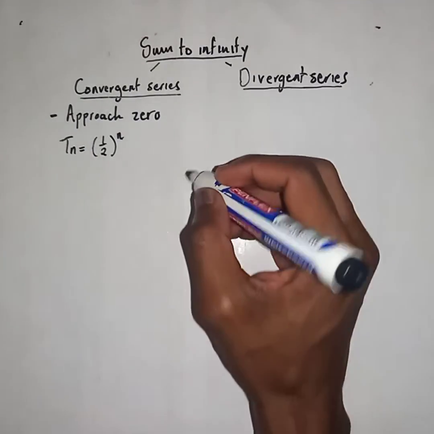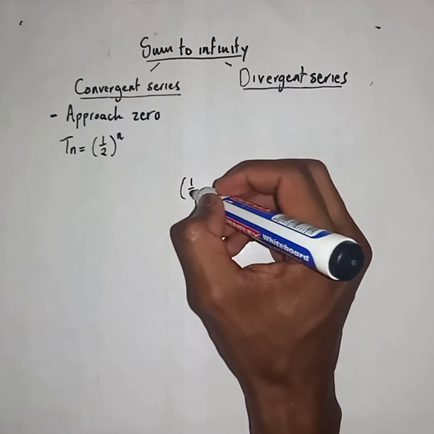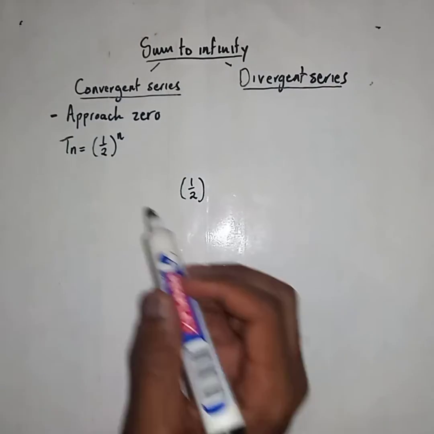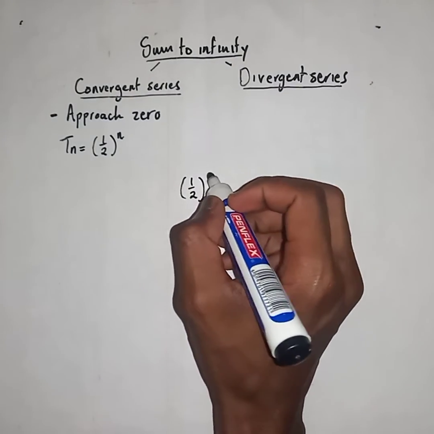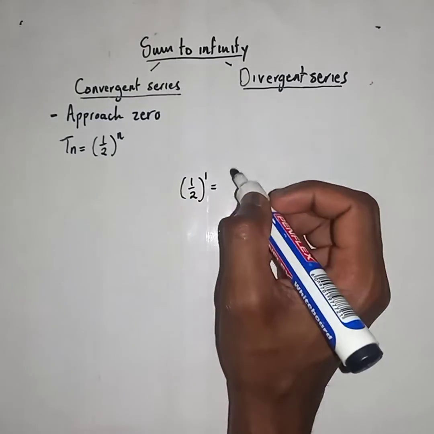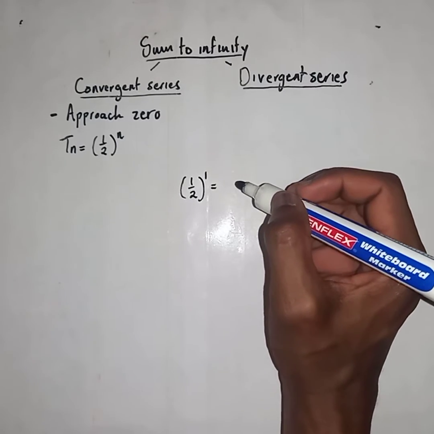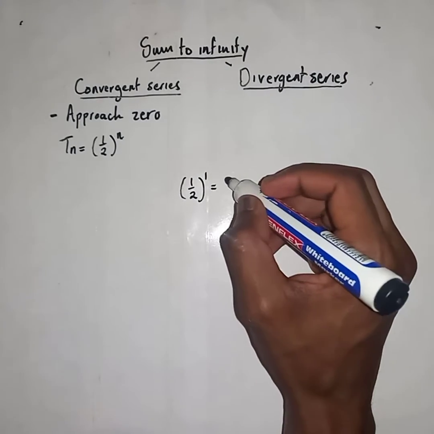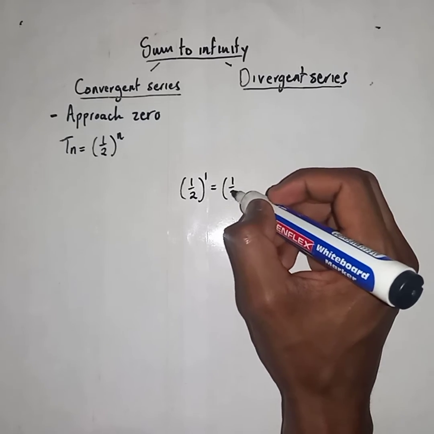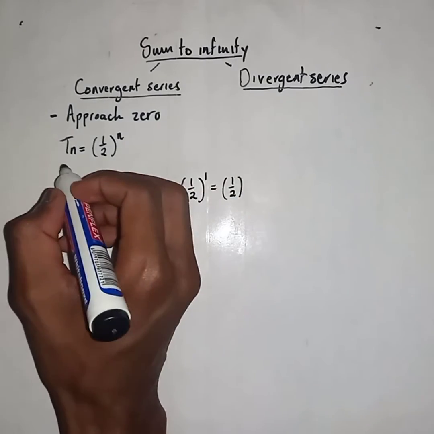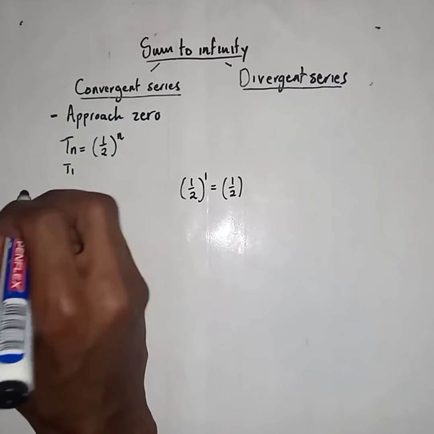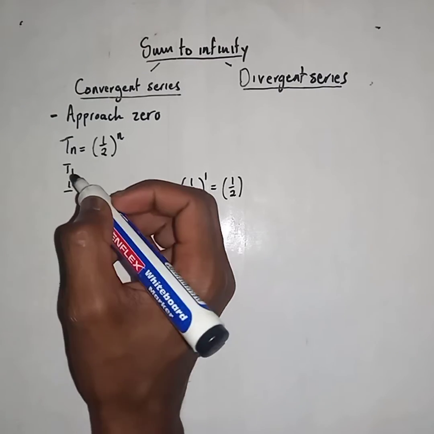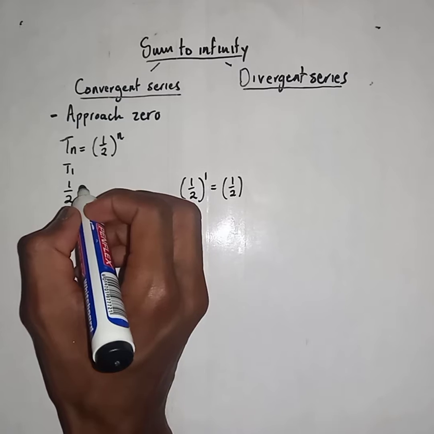Then one would say, where I see n, I'll start to substitute 1. When I use my calculator, it's much simpler. We are going to get 1 over 2, which is our term 1.